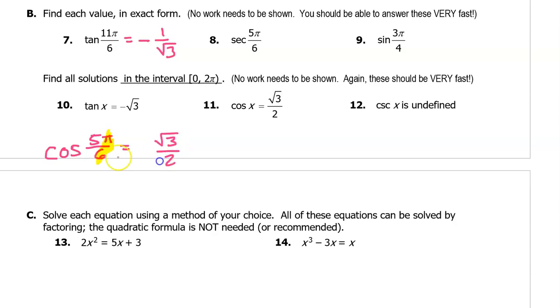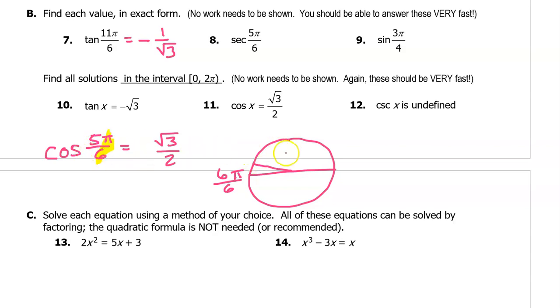So the cosine of 5 pi over 6 will also be radical 3 over 2, but maybe it'll be negative. That just depends on the quadrant. Since we're dealing with a reference angle of pi over 6, I'm going to think of pi as 6 pi over 6. 5 pi over 6 is just one short of that, so we're going to be here in the second quadrant.